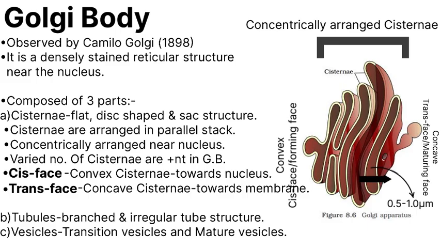And the other one is the concave surface of the cisternae, which is towards the membranous structure, also called the trans face or maturing face. While the cis and trans faces of this organelle are entirely different from each other, they are still interconnected. Then the tubules are branched and irregular tube-like structures which are associated with the cisternae. And then we have vesicles at the end. They work as transition vesicles and mature vesicles. We will see them in detail.